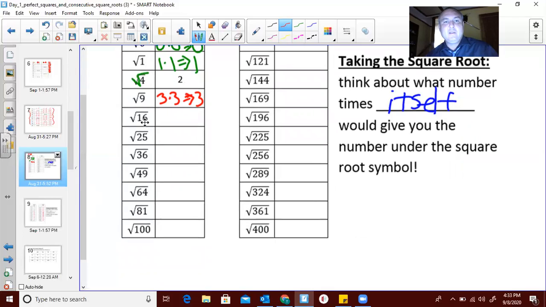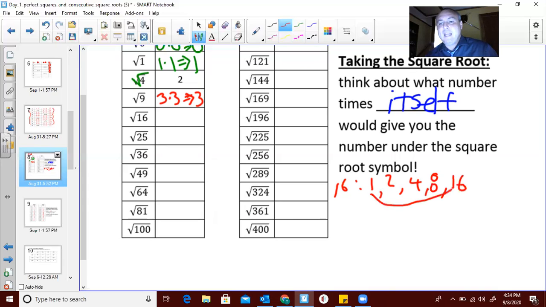So if I want to look for the factors of 16, let's try 16 over here, right? I've got 1, 2. Is 3 a factor? No. 4. Is 5 a factor? No. Does 6 go into 16 evenly? No. 7? No. 8? Good. 9, 10, 11, 12? Nope. It's going to be 16. So we know 1 times 16 makes 16.